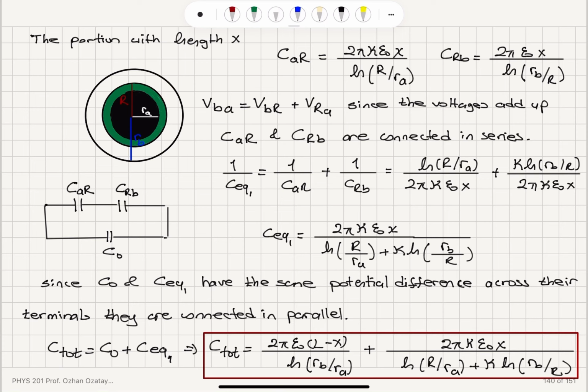So for CAR, I insert an infinitesimally thick conducting surface for this portion in order to calculate the capacitance, and I know that that doesn't change the answer for the overall capacitance.